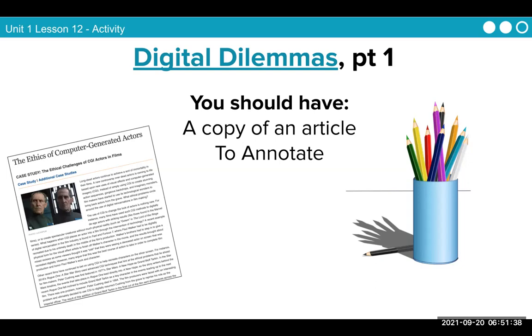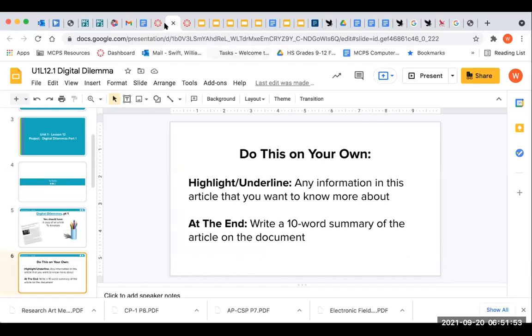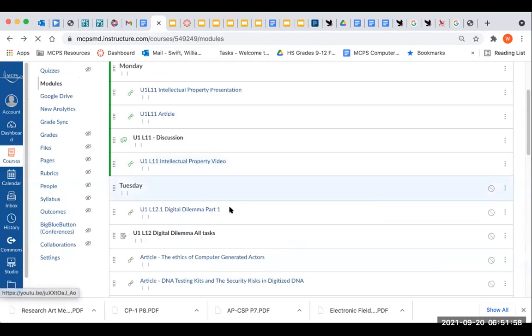So to start off with, we're going to count off by 3s. Okay. Once you know that you're a 1, a 2, or a 3, and you're going to do the first, the second, or the third article, let me just show you quickly, just so that everyone has this. This is the idea in the module.